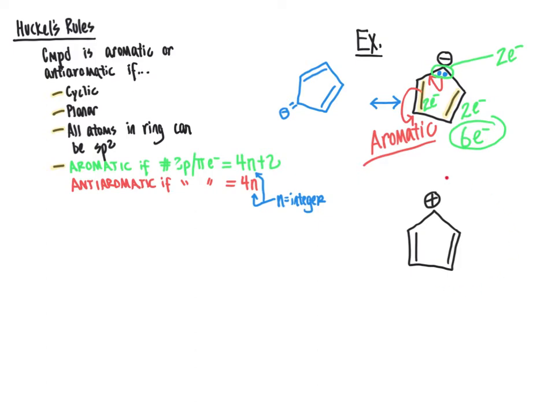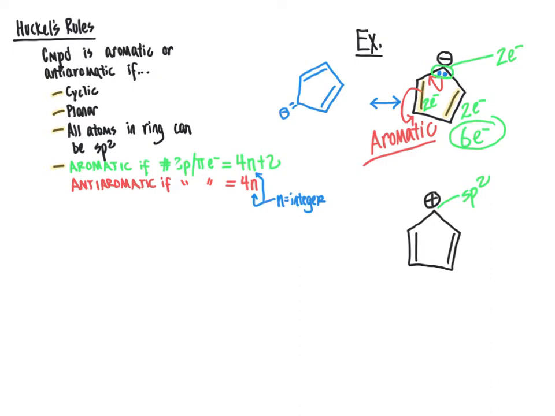So what about our carbocation alternative down here on the bottom right? Thinking about it in terms of its aromaticity or anti-aromaticity, we go through the first couple of rules. Cyclic, planar, all atoms can be sp2, and that is indeed going to be the case without even drawing any additional resonance structures here, because that carbocation has 3 regions of electron density, so that means it's sp2.